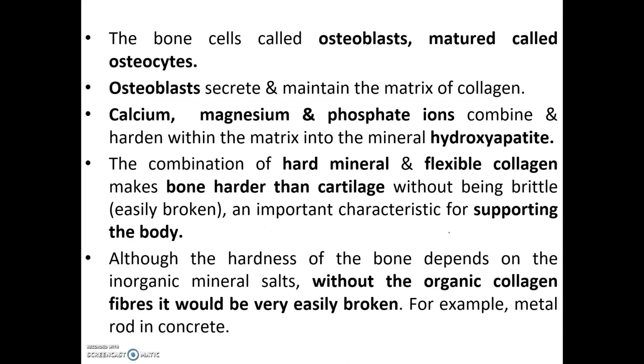Okay. So the bone cell, we call it osteoblast. When it matures, we call it osteocyte. The function of the bone cell is to secrete and maintain the matrix of the collagen. The calcium, magnesium, and phosphate ions, those minerals, combine and harden within the matrix into the mineral hydroxyapatite.